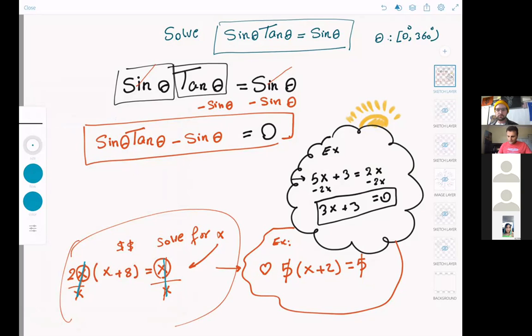Second, because we have no idea about x, because we don't know its value, we don't allow dividing by it, because x might be 0. Then here you're dividing by 0. That means you're just breaking everything.